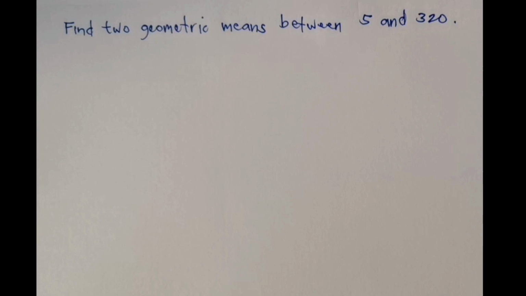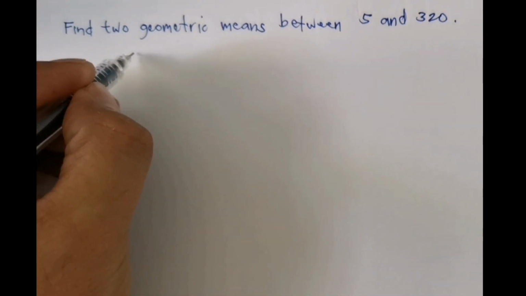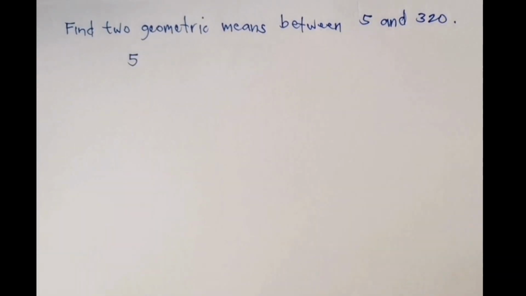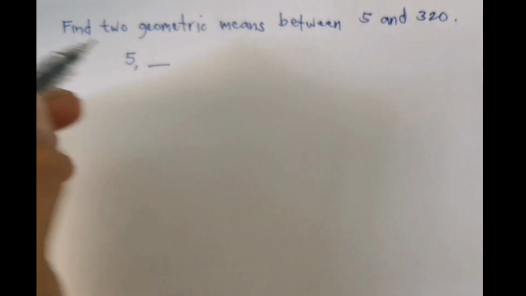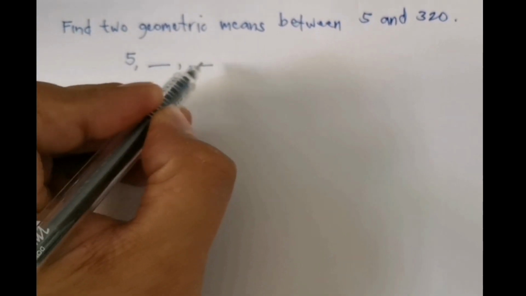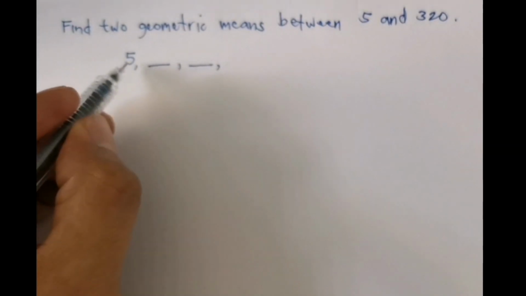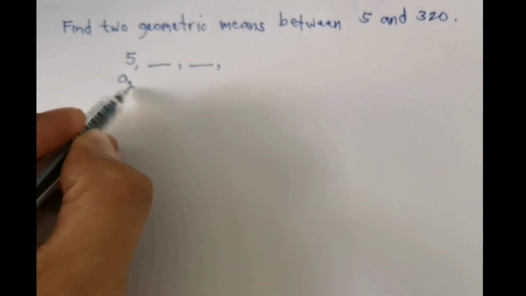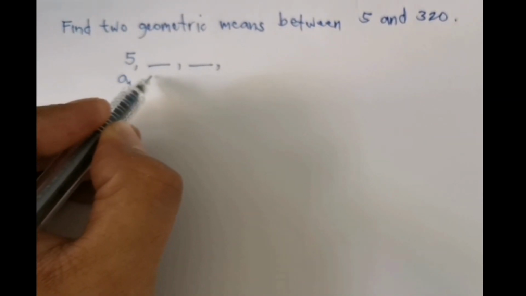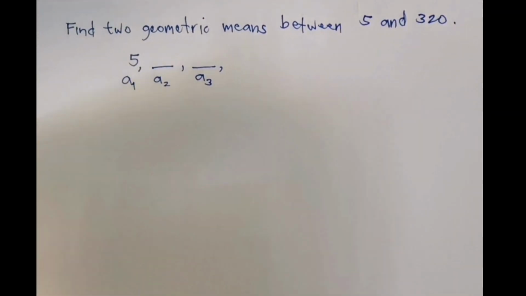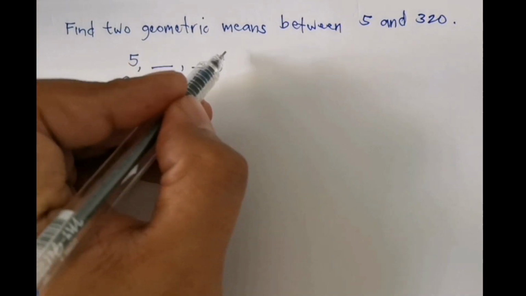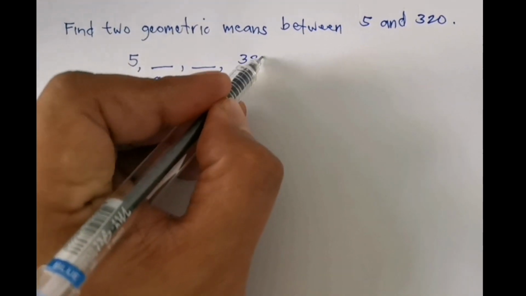Okay, first thing to do here is to visualize the geometric sequence. Okay, so given the first term, which is 5, we'll be inserting two geometric means. So 5 is a sub 1, this one is a sub 2, the other one is a sub 3, and a sub 4 will be equal to 320.